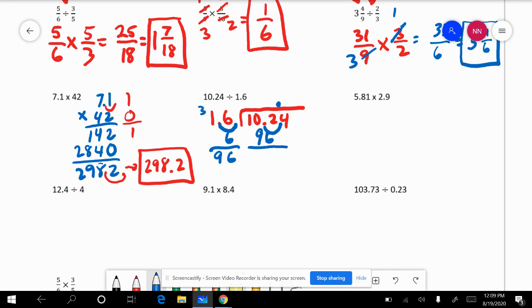Remember, we always want it less than the number. 102 minus 96 gives us 6. I bring down the 4. 16 goes into 64. I know this one. It's 4. And so my answer is 6.4.